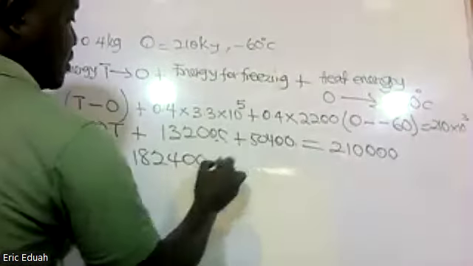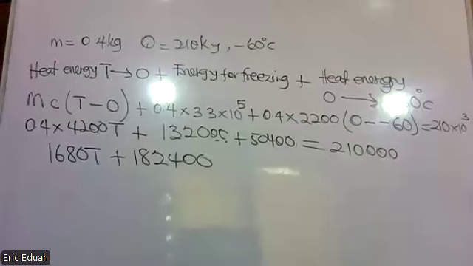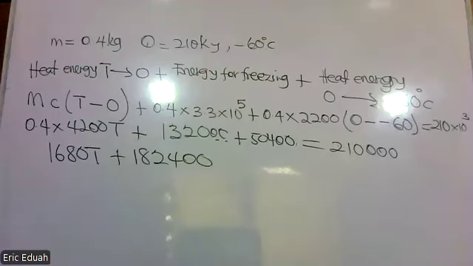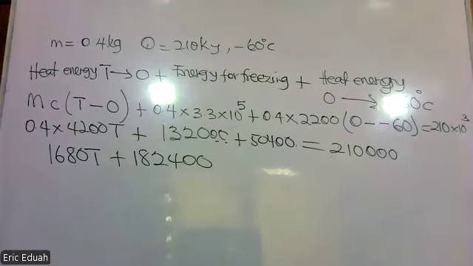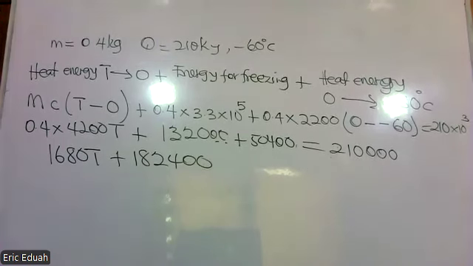Isn't the 5,400 supposed to be 52,800? Multiply 0.4 by 3.3 times 10 to the power 5.